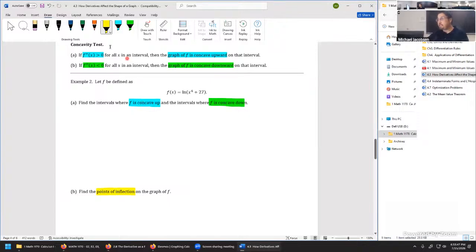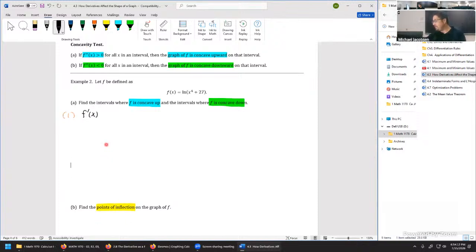The only major difference is our conclusion is not increasing, decreasing, it's concave up, concave down. And the other difference is we go to the second order derivative, f double prime. So first step in this process, if you need to go to f double prime, you have to work your way there. First calculate f prime to start.